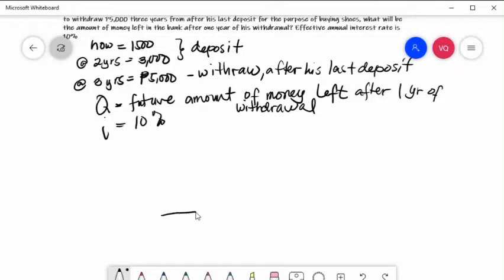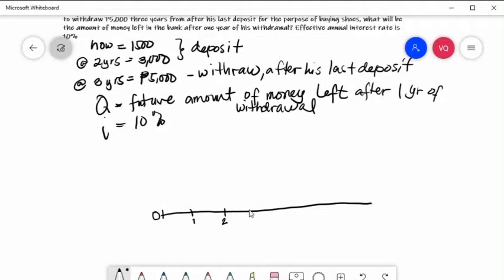This is our period. Now, so 0. He deposited again after 2 years. So 1, 2. And then withdraw after 3 years from his last deposit.